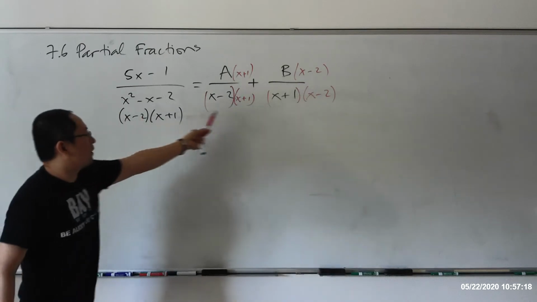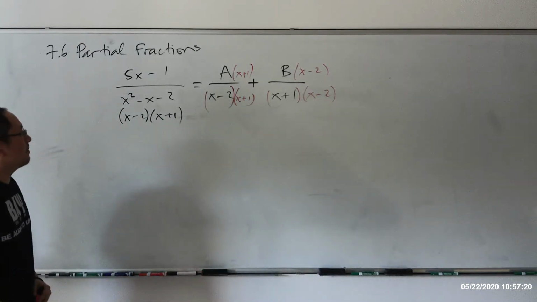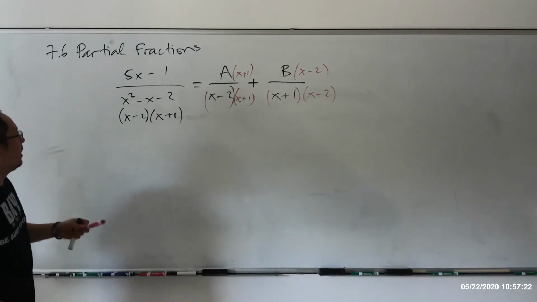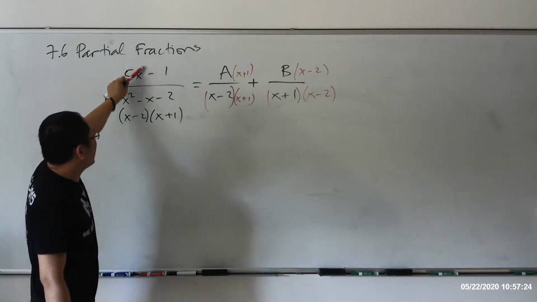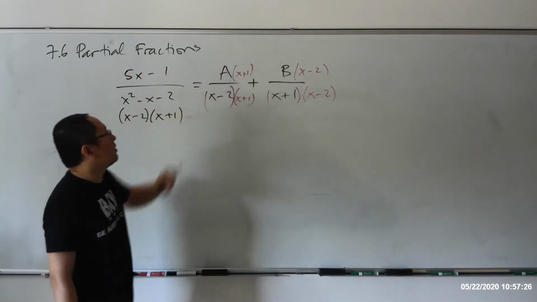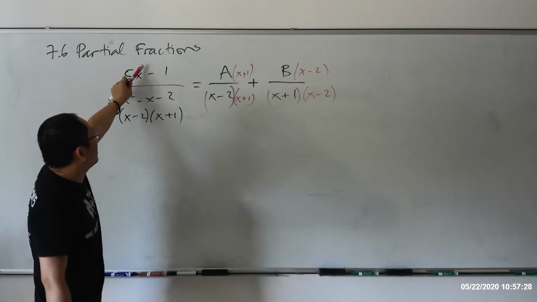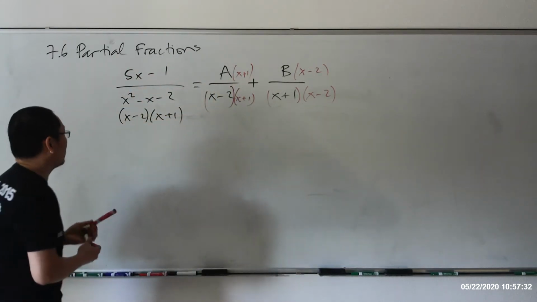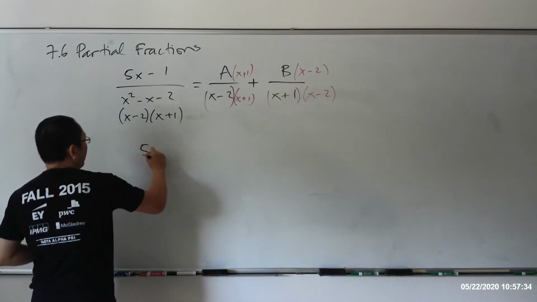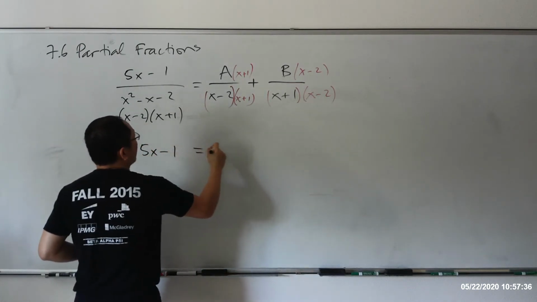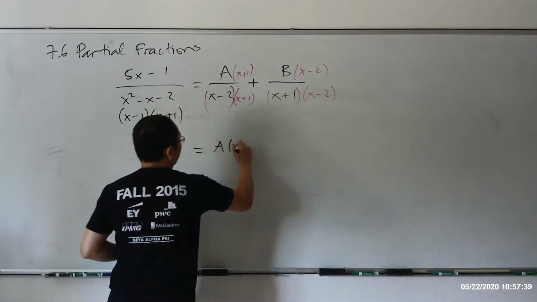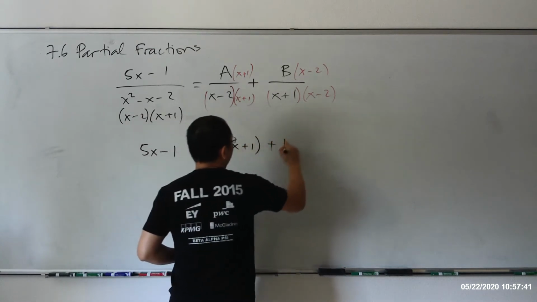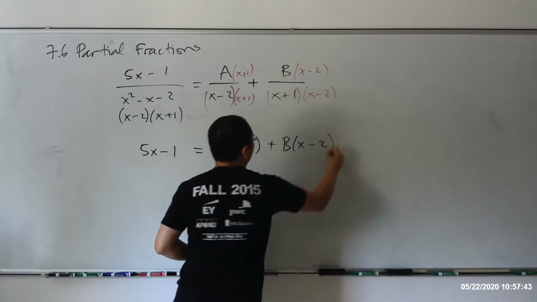Now that all the fractions on the left and right-hand side have the same denominator, and if they are equal, then the numerator on the left-hand side is going to be identical to the numerator on the right-hand side. 5x minus 1 is going to be the same as A times x plus 1 plus B times x minus 2.